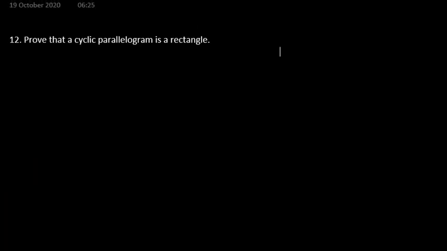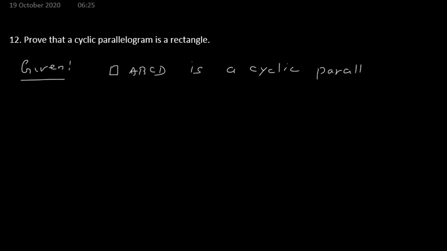And the last question for this exercise: prove that a cyclic parallelogram is a rectangle. So here, given ABCD is a cyclic parallelogram. Now as it is cyclic, its opposite angles are supplementary.